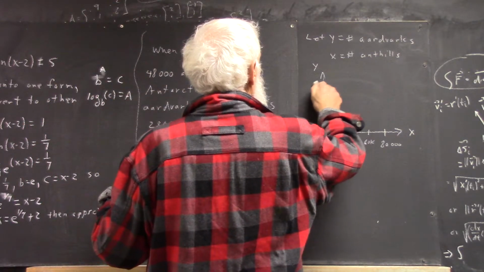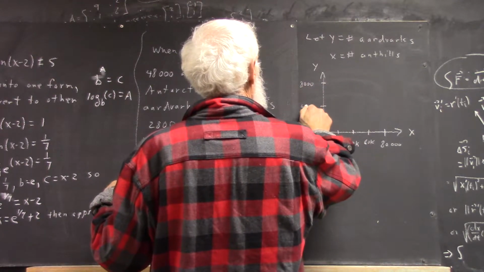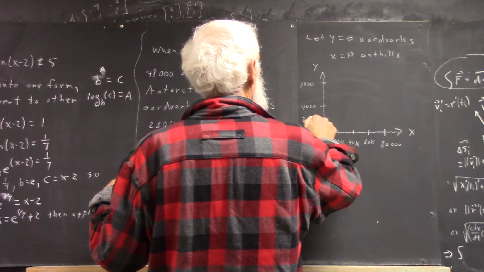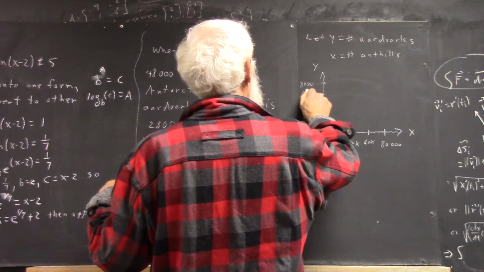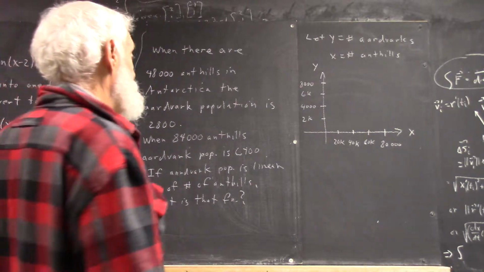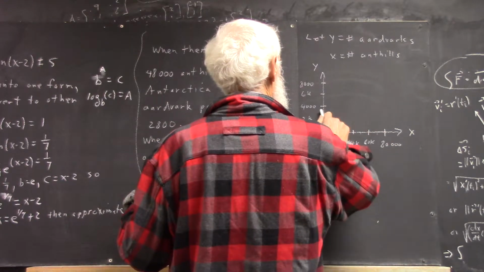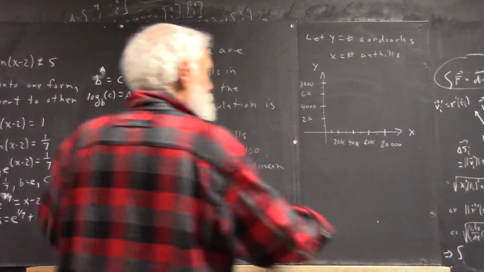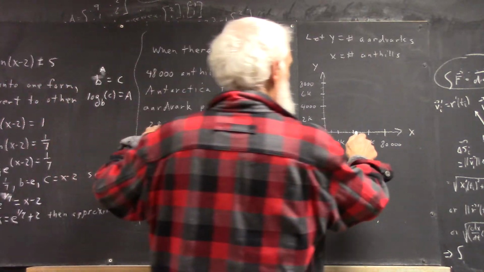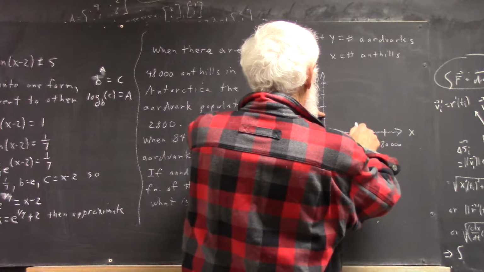So conveniently, I can do 8,000 up here, and I can do 4,000 down here, and 2,000, and 6,000. Okay? And then if I need to, I can subdivide these into 10,000 and 1,000.